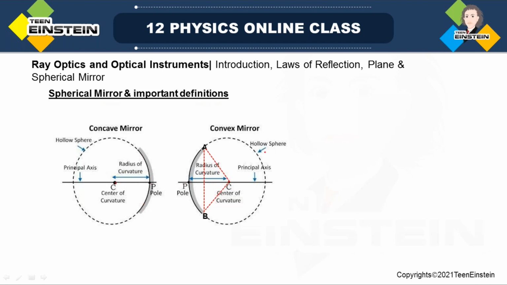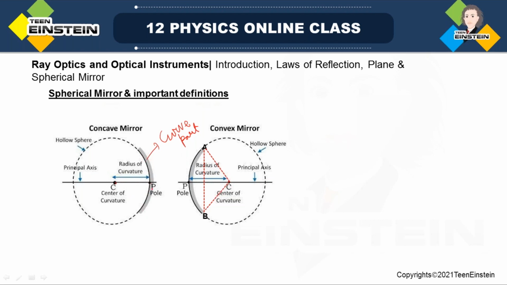That means we have taken a part of a hollow sphere as the mirror, and the center of that sphere is called the center of curvature. So this is the curved part, or curvature.